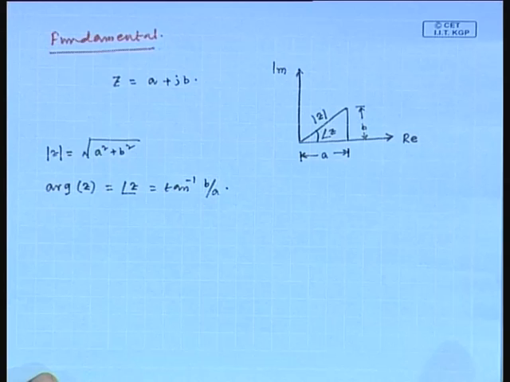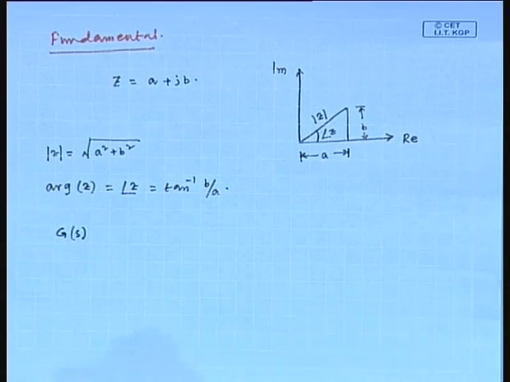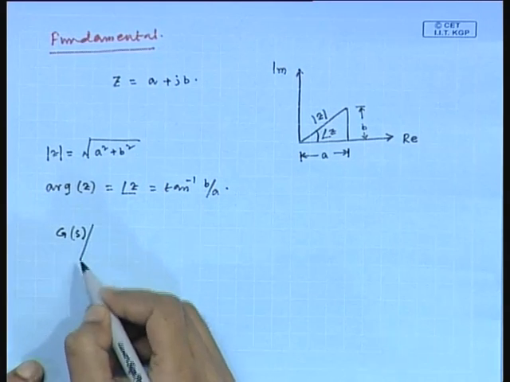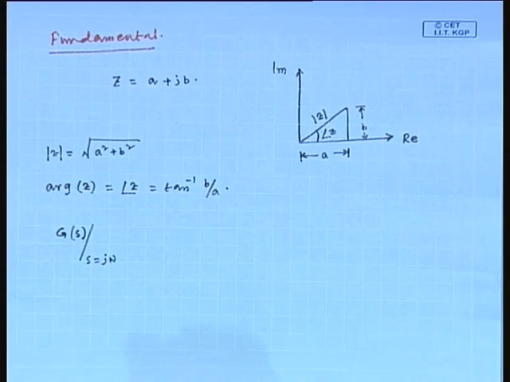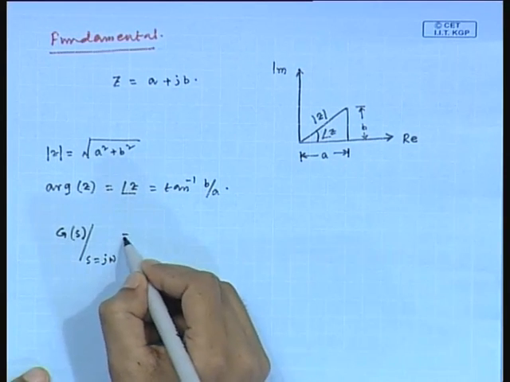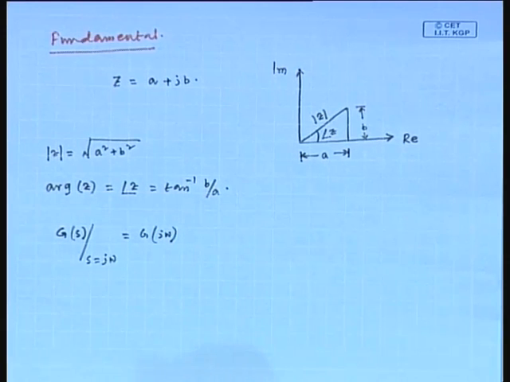Fine. Now, for a particular process we usually have the transfer function Z of s. Now, if we substitute s equals j omega, then we get the frequency response transfer function.